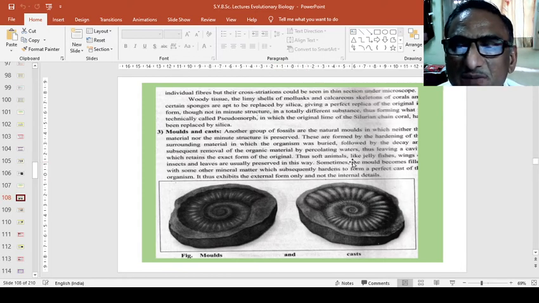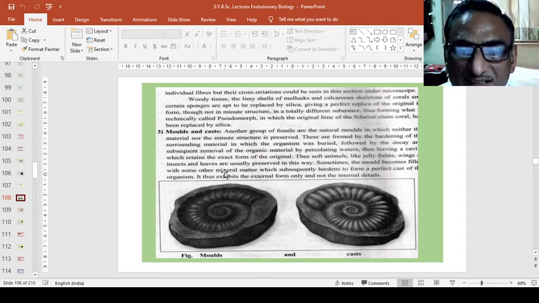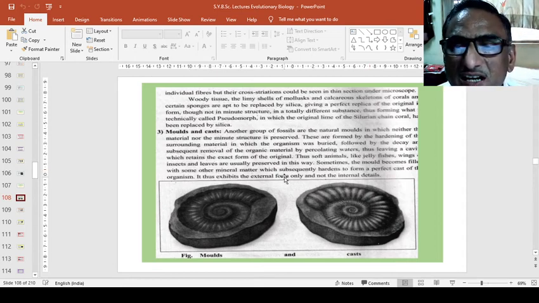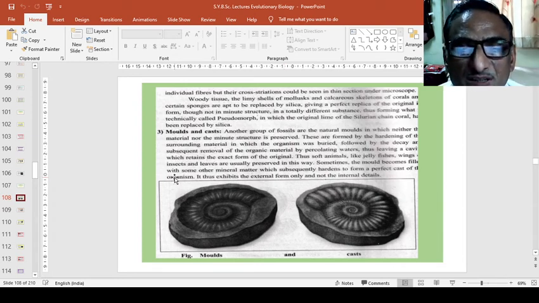Thus, soft animals like jellyfishes, wings of insects, and leaves are usually preserved in this way. Sometimes the mold becomes filled with some other mineral matter, which subsequently hardens to form a perfect cast of the organism, and it thus exhibits the external form only and not the internal details.